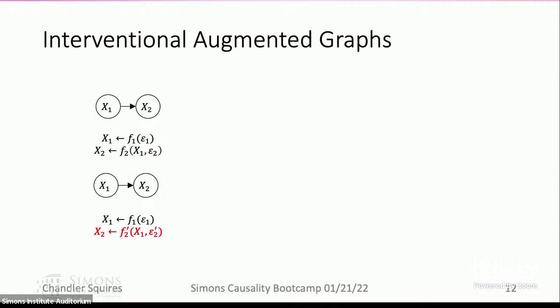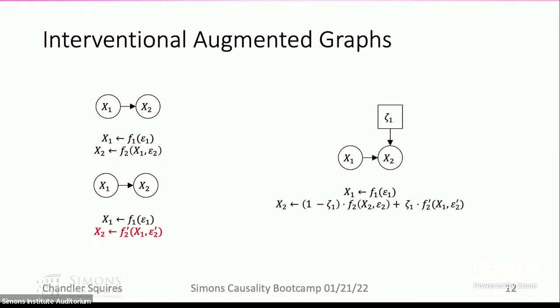So I'm going to define here the types of identifiability that you can get from different interventions. I'm going to do it through the lens of an interventional augmented graph. If we have a causal system, X1 to X2 is the top observational system. And on the bottom, we've changed the mechanism that's generating X2.